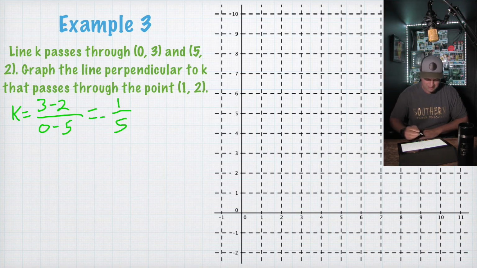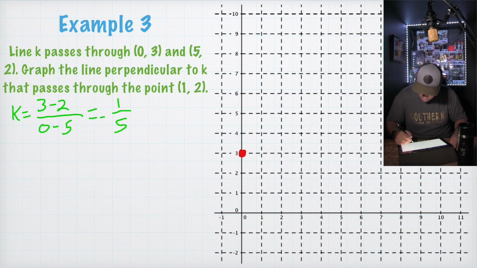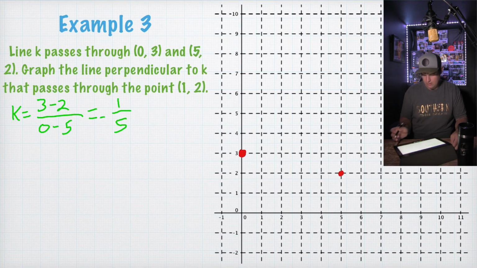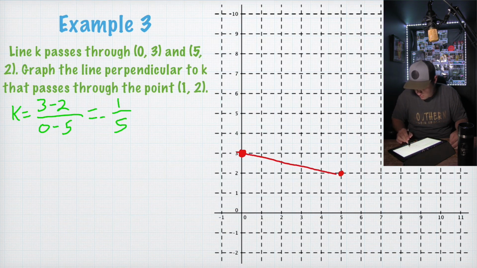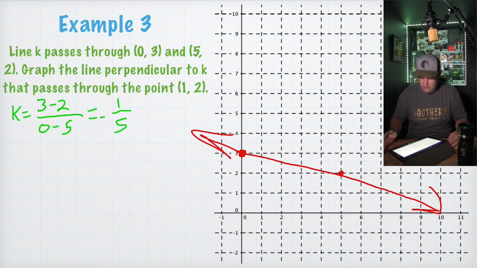So if we graph that, I'm going to graph it in red. We have 0, 3, 0, up 3. And then we have 5 and 2. Sorry, that's probably terrible, but it's close enough.